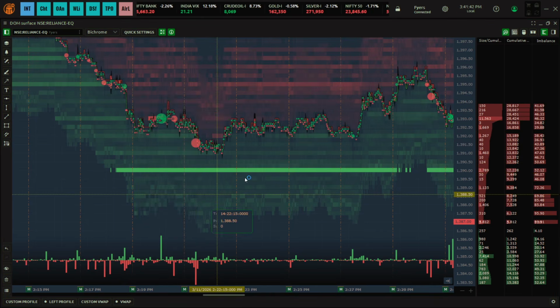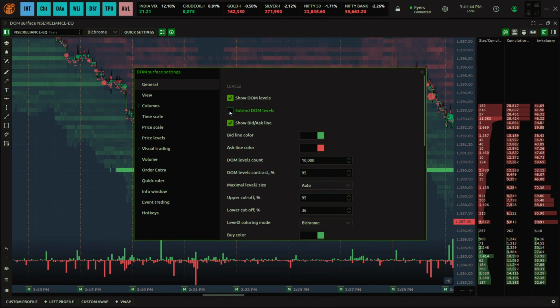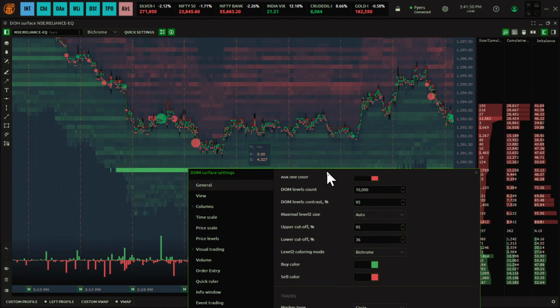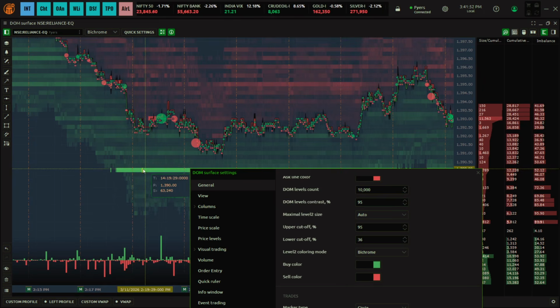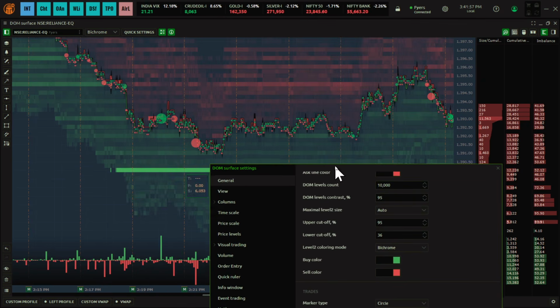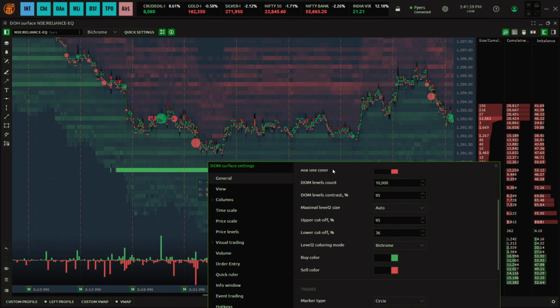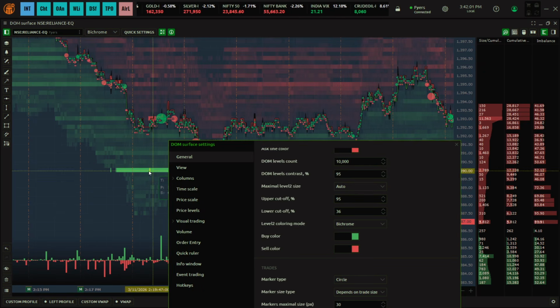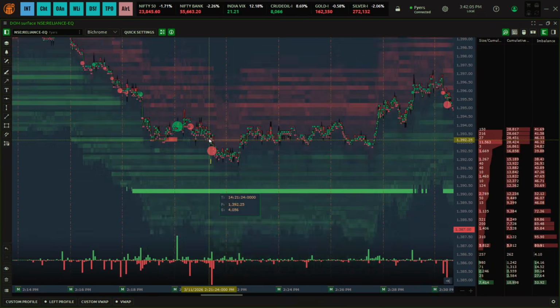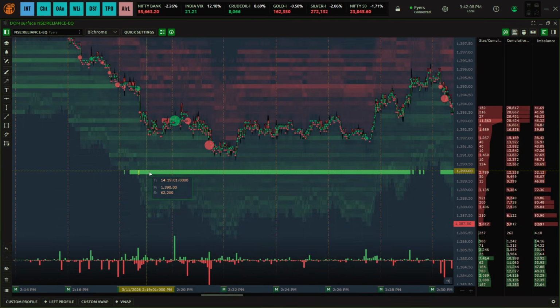You can go to the settings and play around with the colors and increase the opacity, so it looks much brighter. At your end it may be a little less bright, but I have intentionally increased the opacity so it looks brighter. Now you can easily see that this is the brightest one, so this is the biggest order sitting.